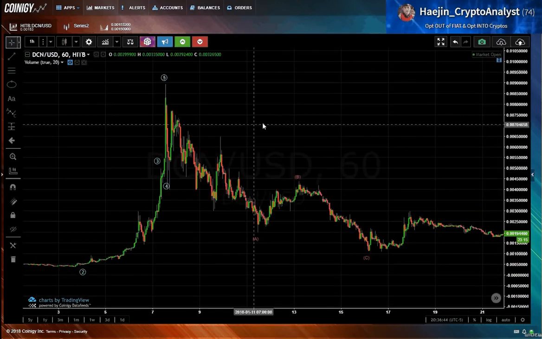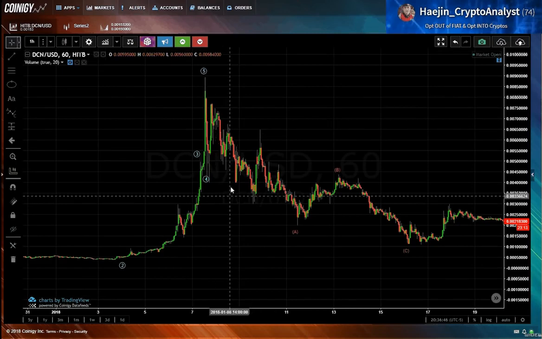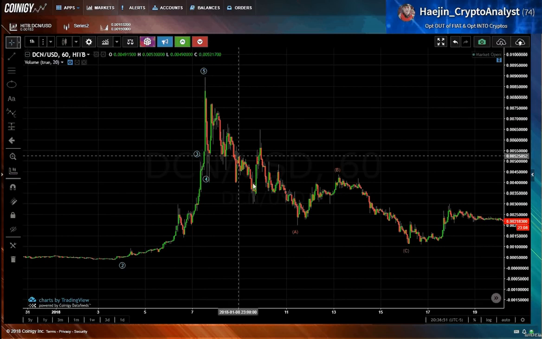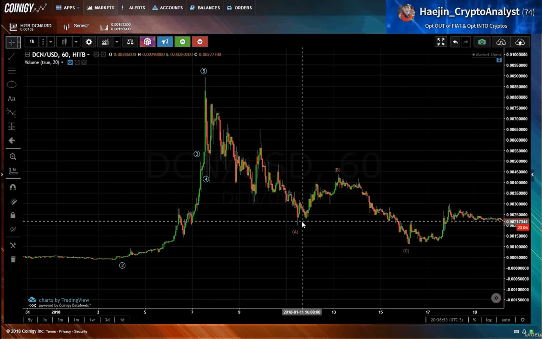If you look at the highest resolution of the A wave, this is not a zigzag. This is more of an A, B, C flat.